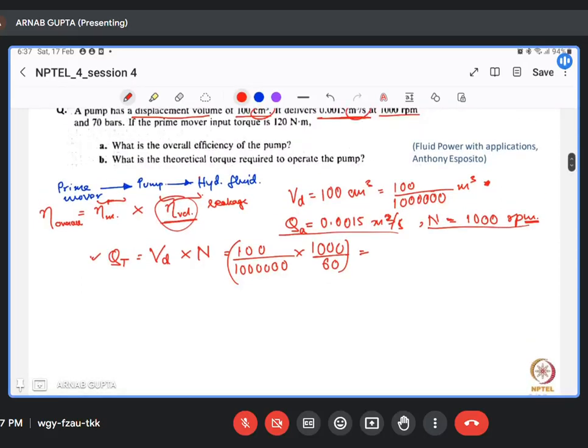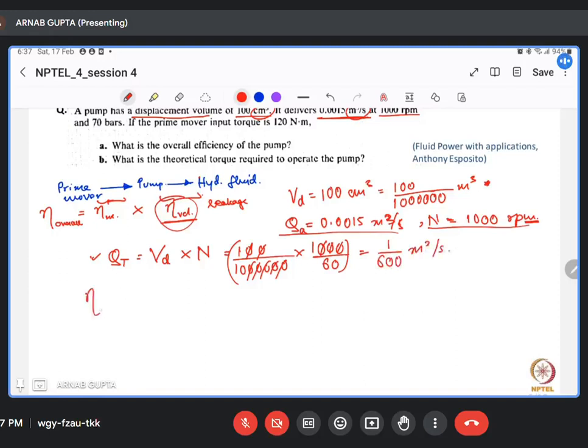You can unmute and answer. Okay, I think I only have to do the calculation. I'm just writing it as 1 by 600 meter cube per second.